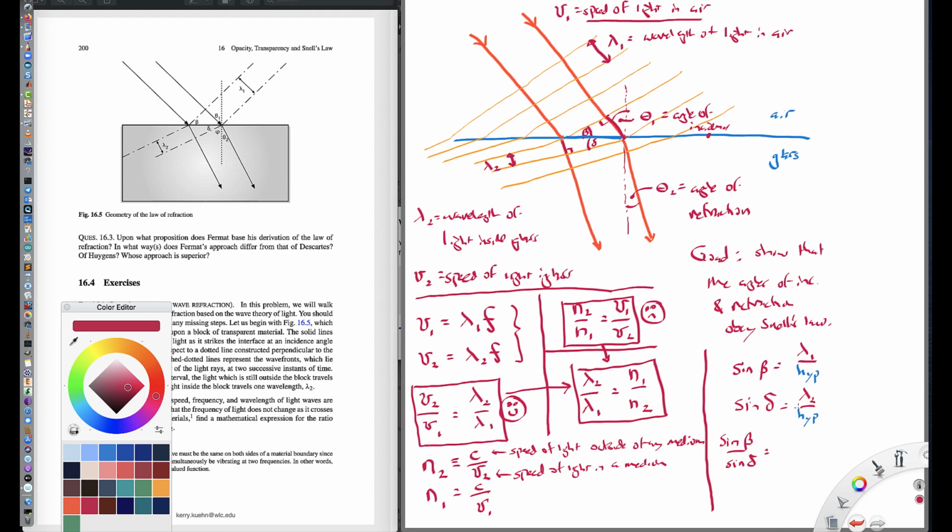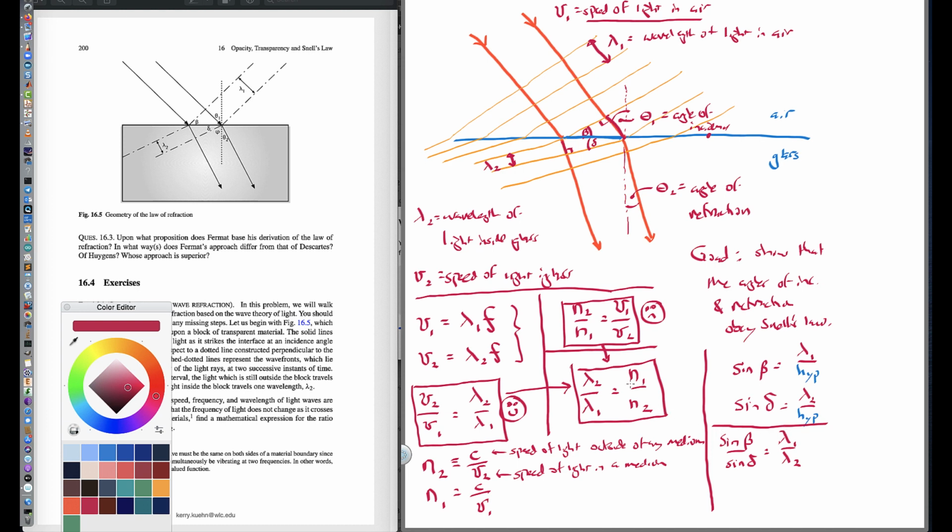And when I do that, the hypotenuses cancel out and I get lambda 1 over lambda 2, right? So I have sine beta over sine delta is lambda 1 over lambda 2.